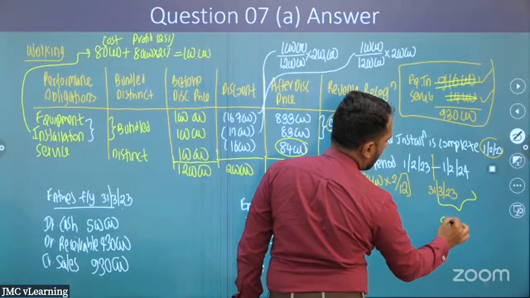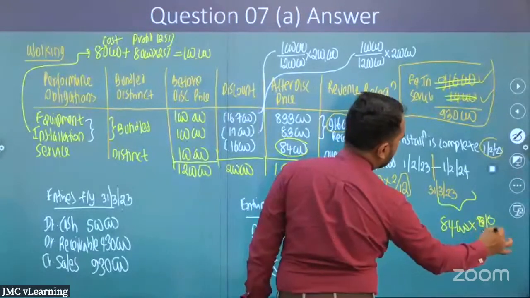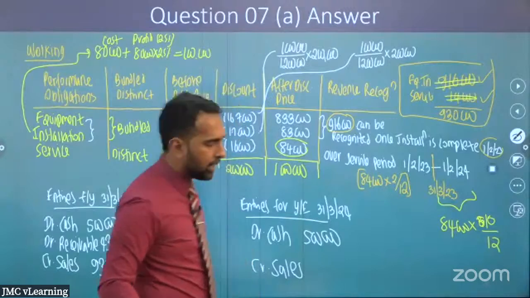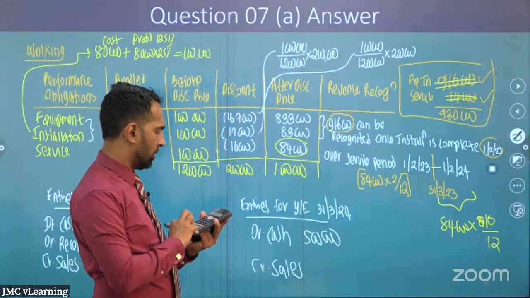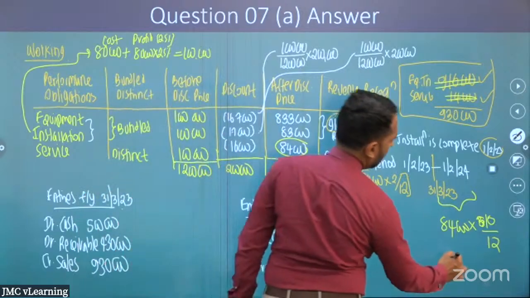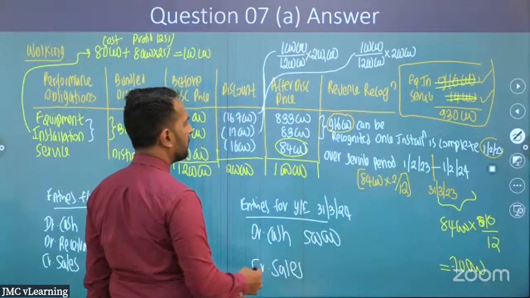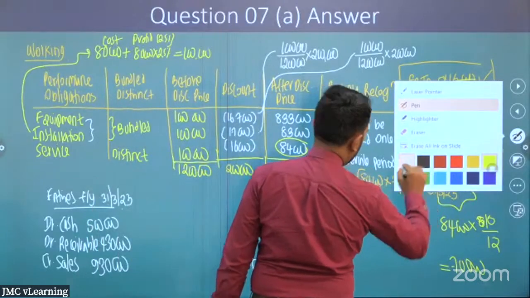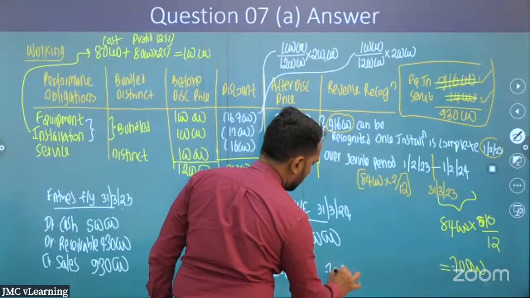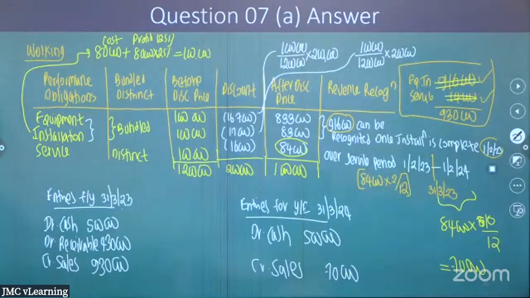Sorry, 10 months out of 12, since two months went in the previous year. 84,000 into 10 divided by 12 is 70,000. 70,000 is relevant for the next financial year 2024. So the sale value is 70,000. Cash received is 500 but the sale is only 70.